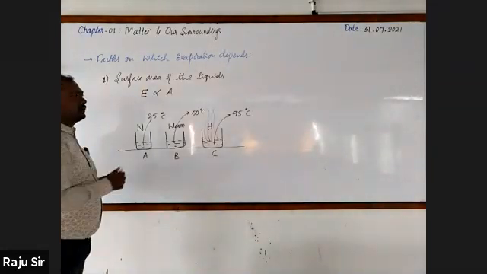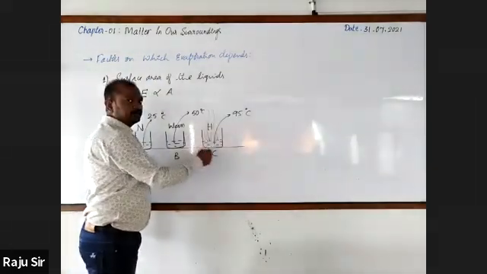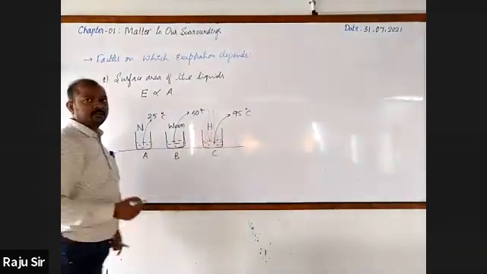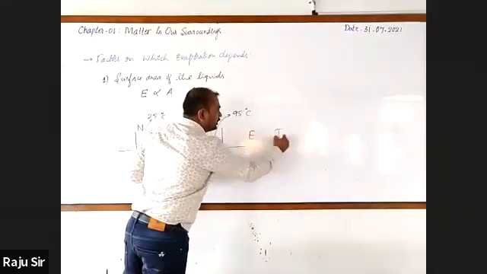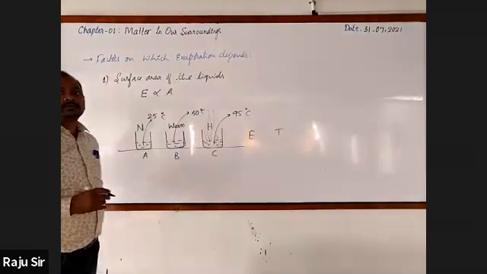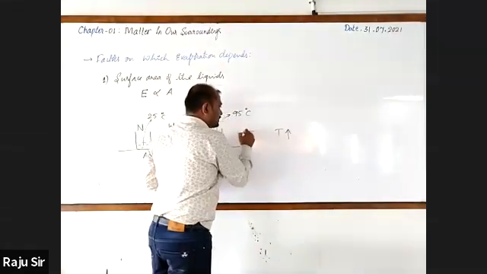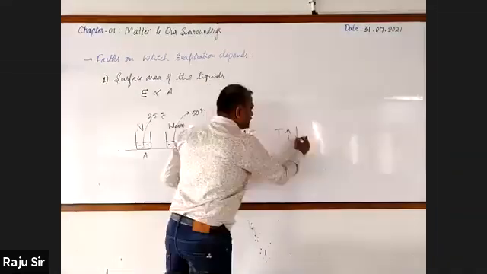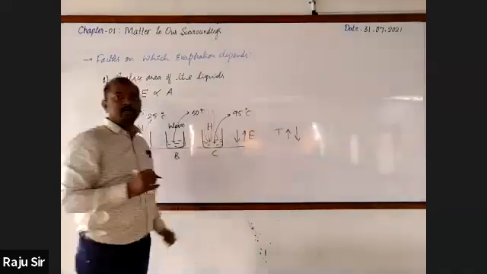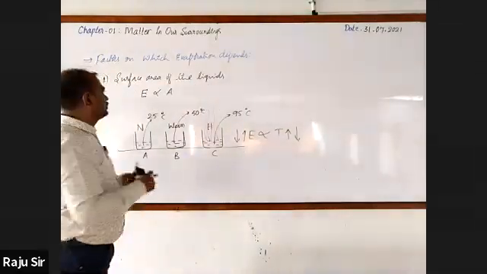So from this we can come to know that the rate of evaporation depends on one physical quantity. What is that? Temperature. How does it depend on temperature? Directly proportional. As the temperature increases, the rate of evaporation increases. As it decreases, the rate of evaporation also decreases.